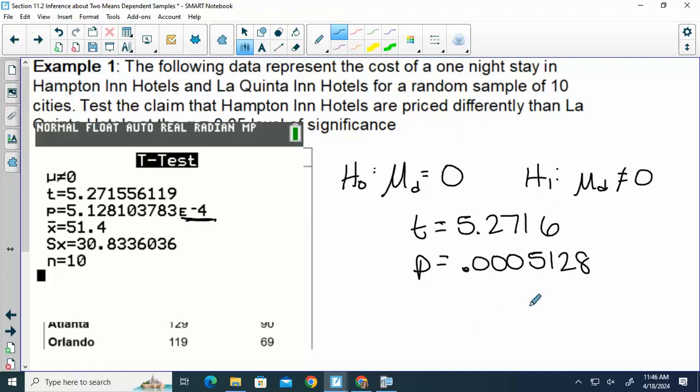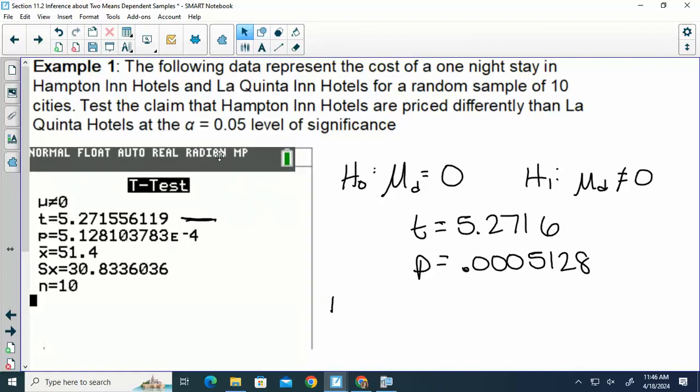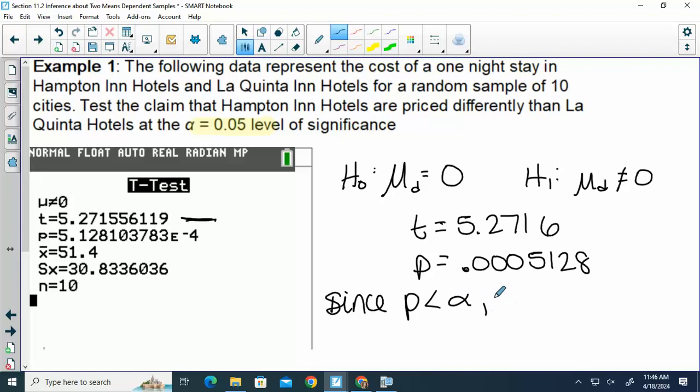All right. So if I'm using the p-value approach, when do we reject? Yeah, we always reject if p is less than alpha. Alpha in this problem was 0.05. So since p is less than alpha, we reject the null hypothesis.